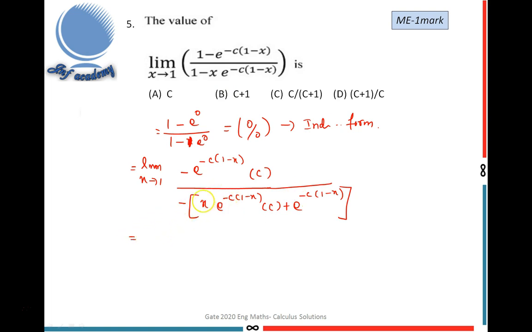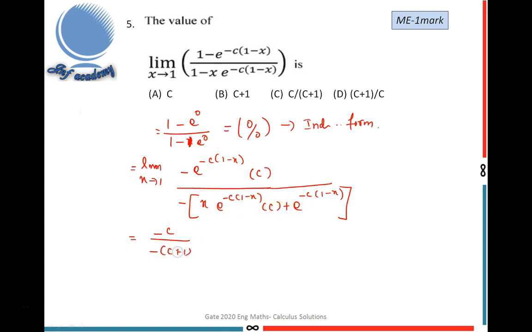Next, I substitute the value x equal to 1. So I get 1 minus 1, x is 1, so 1 minus 1 is 0, e power 0 is 1. So finally in the numerator I got minus c. Similarly here e power 0 is 1, x into x is also 1, c plus 1.